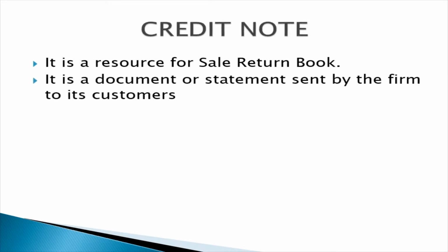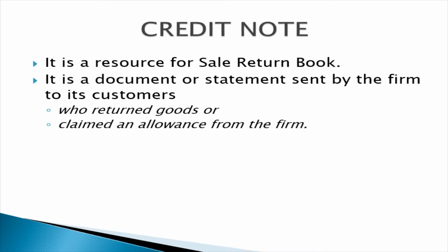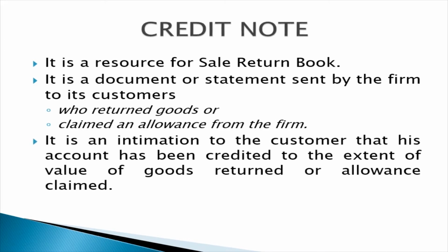Before going into the detail of sales return book, let's discuss the term credit note. It is a document or statement sent by the firm to its customer who returned the goods or claimed an allowance from the firm. It is intimation to the customer that his account has been credited to the extent of value of goods returned or allowance claimed.